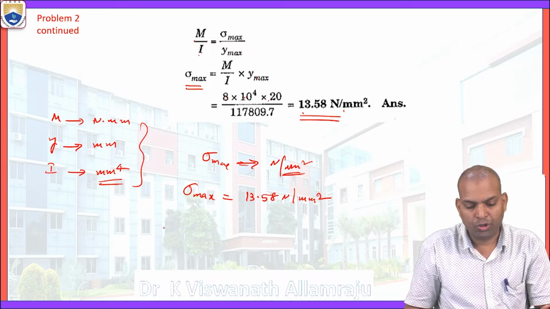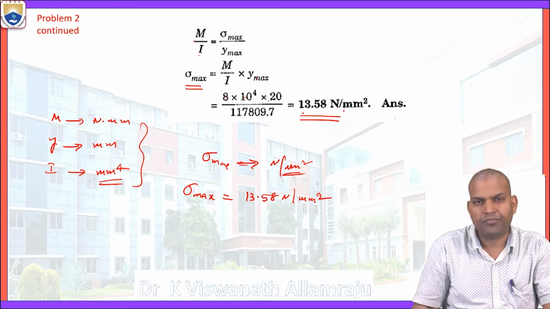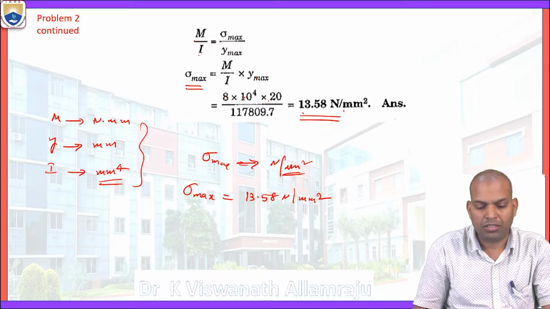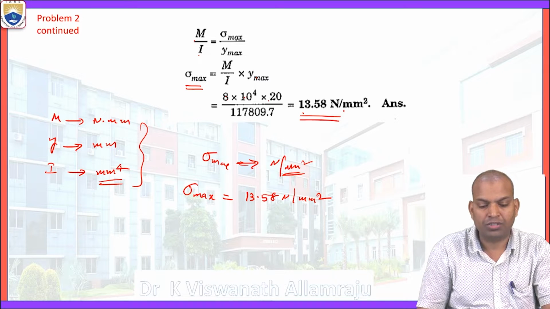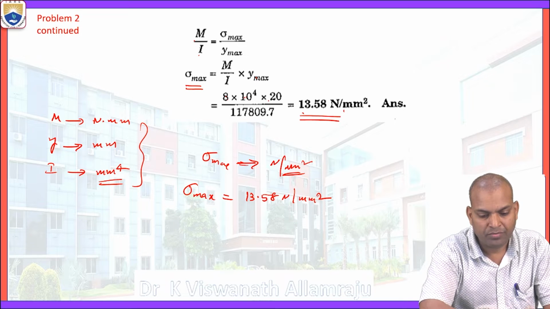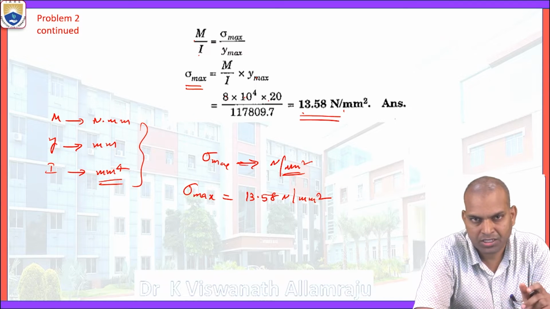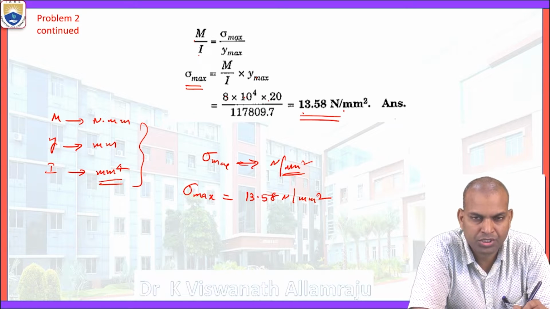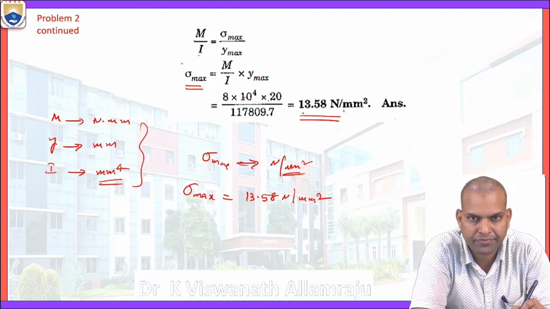The novelty of this problem is that there are two things different from the previous problem. In the previous problem it was a solid plate, here it is a hollow pipe, so the area moment of inertia is different.